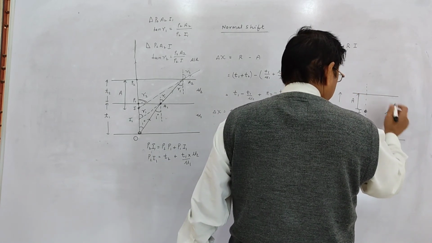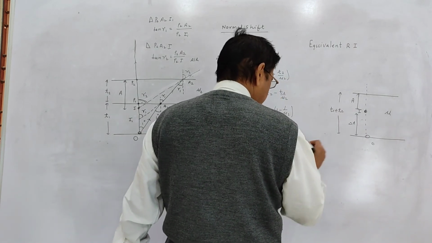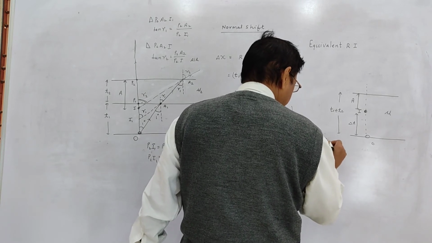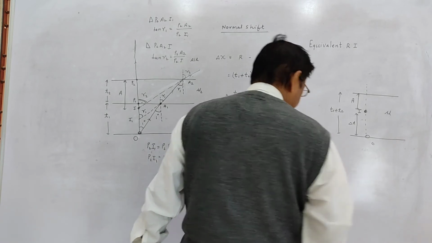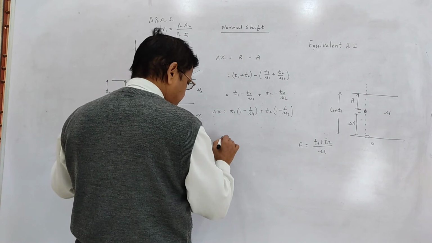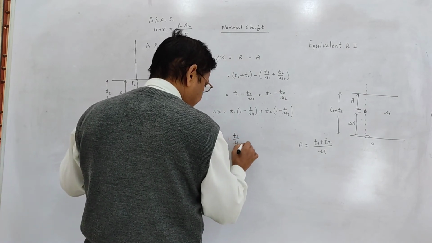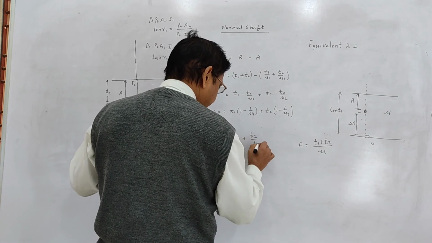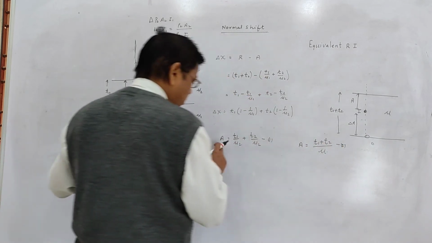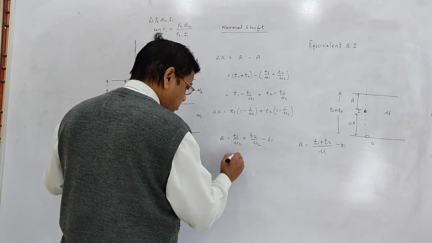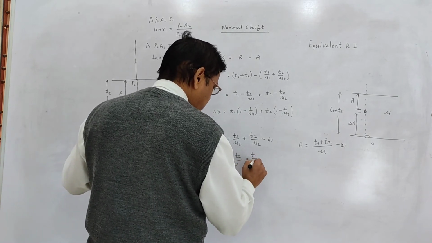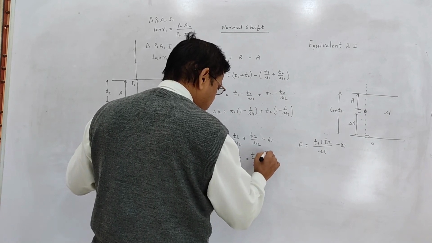If the refractive index of the single material is mu, then the apparent depth in this case will be real upon mu, and the apparent depth in the other case is T1 upon mu1 plus T2 upon mu2. Now if these two are equal, then we can write T1 plus T2 upon mu is equal to T1 upon mu1 plus T2 upon mu2.